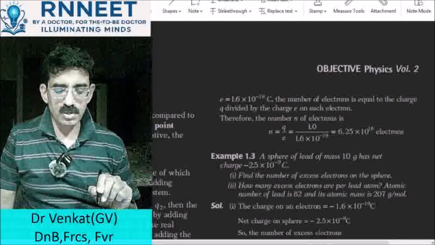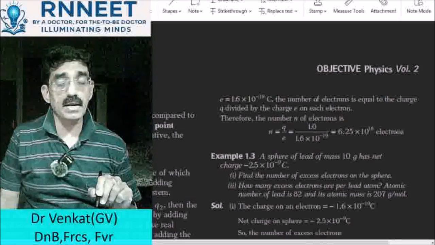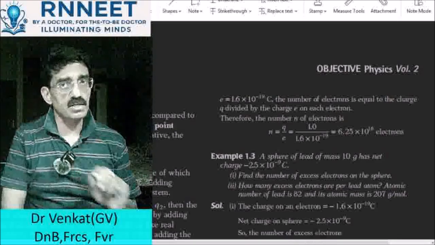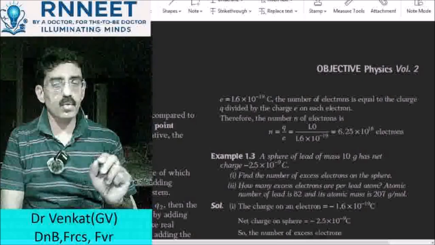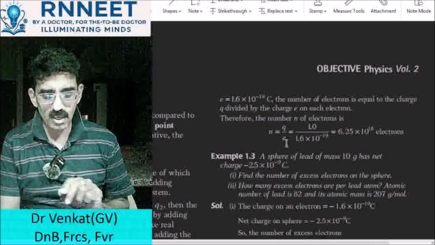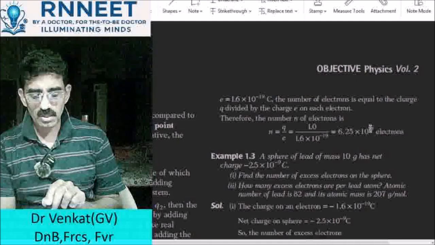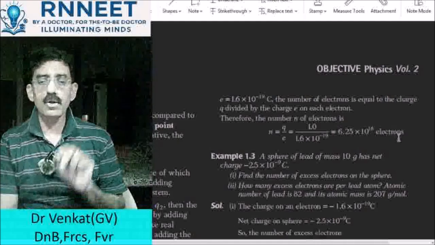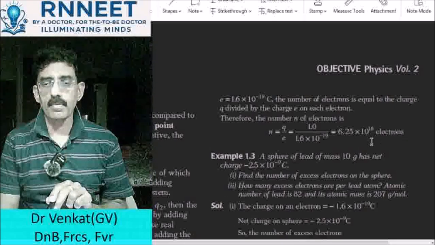We saw this question wherein they asked about the number of electrons in a unit charge. That means if there is a charge of 1 Coulomb, then how many electrons are there? We saw that N is equal to Q by E, and from that you need to remember that the number of electrons per unit Coulomb charge is 6.25 into 10 to the power 18.